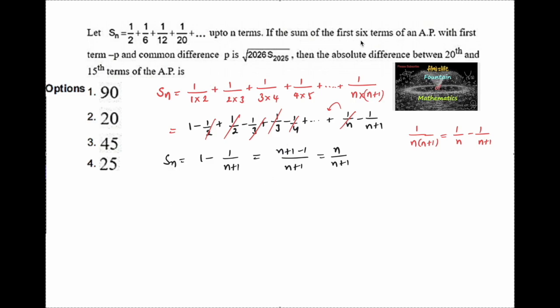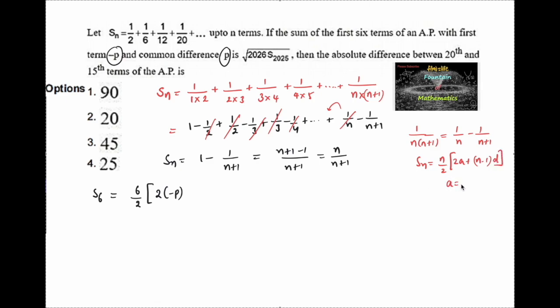And it is given the sum of the first 6 terms of an AP, whose first term is minus p and common difference is p. We can write it as 6 by 2, 2 into minus p, because we know the formula, the sum to n terms in an AP is Sn is equal to n by 2, 2a plus n minus 1 into d.